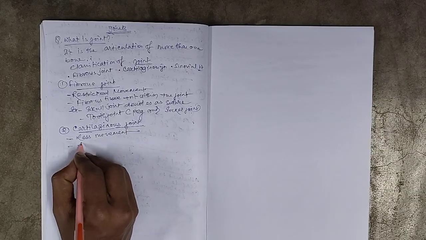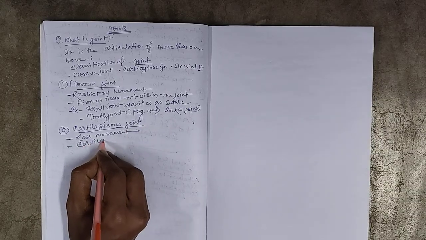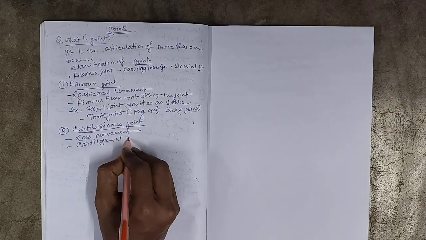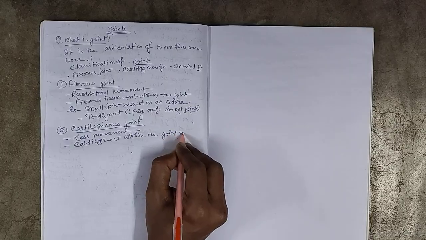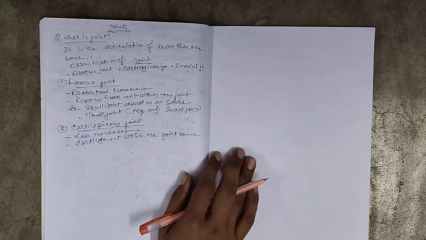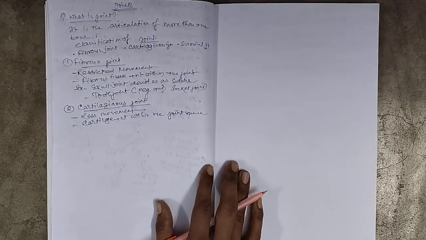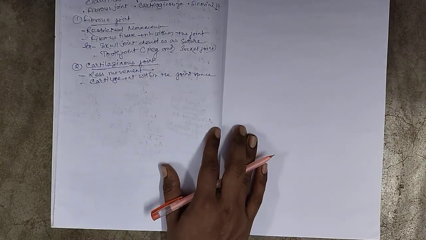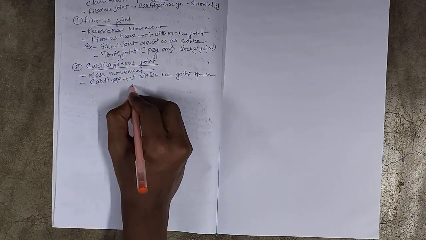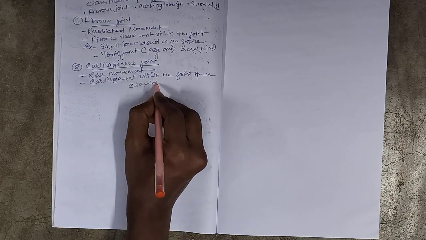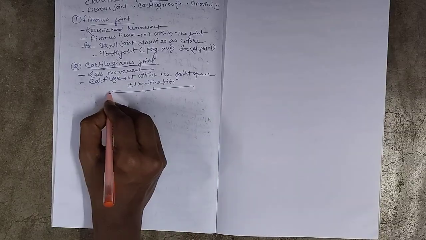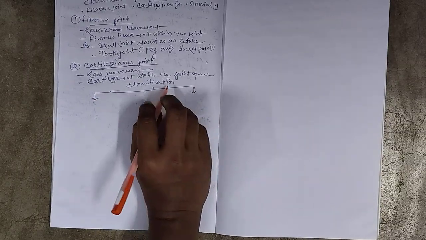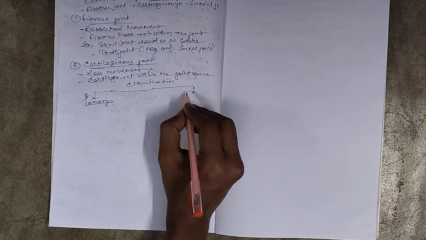Cartilage is present within the joint space, and it has some classification also. One is primary and one is secondary.